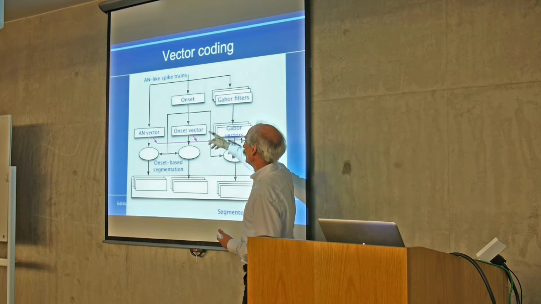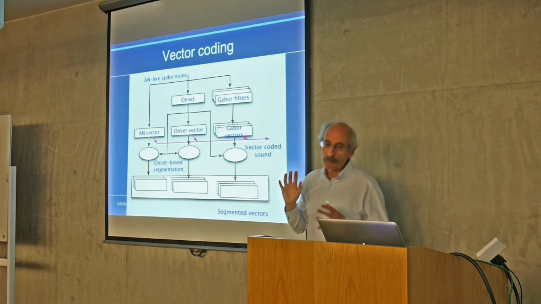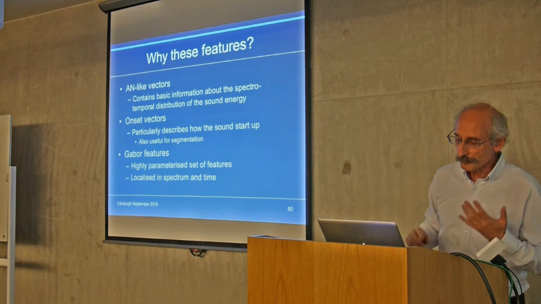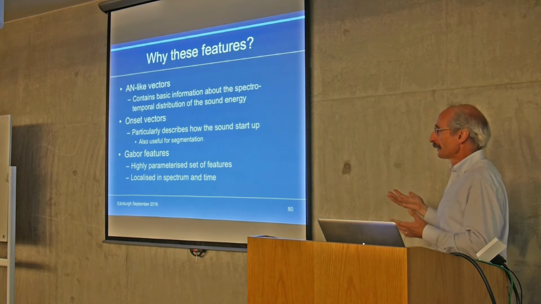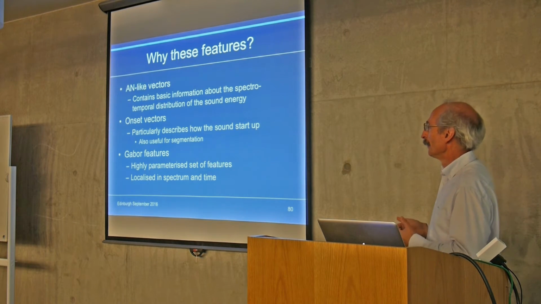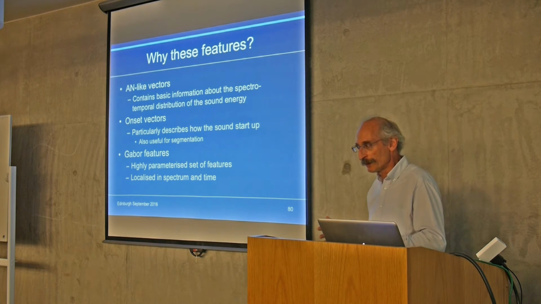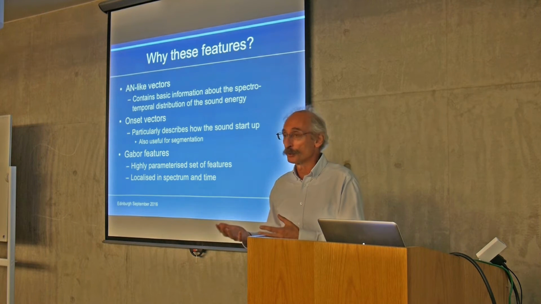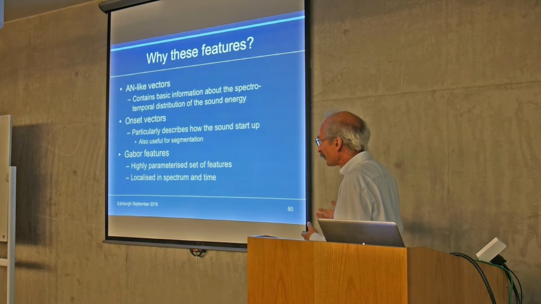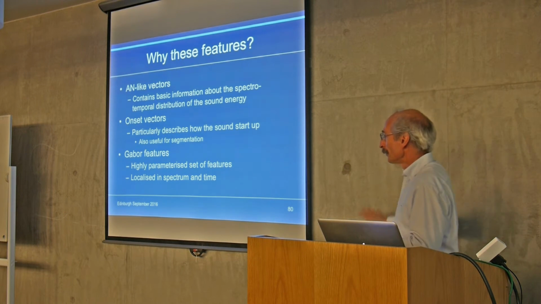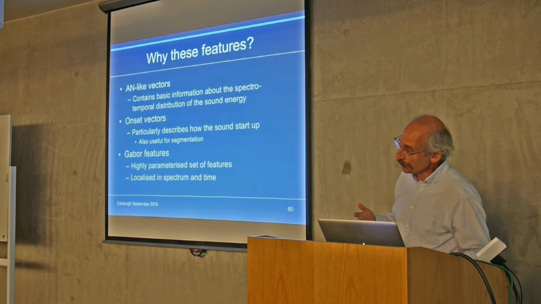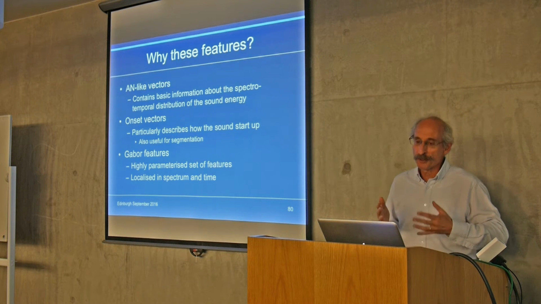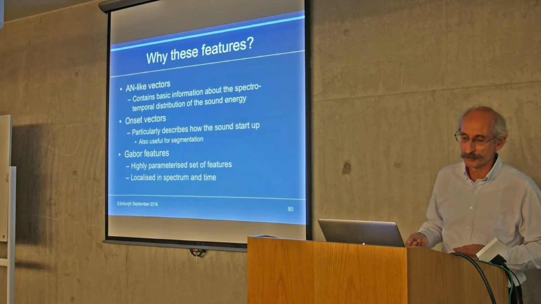The EN vector, the onset vector, and then various spectrotemporal Gabor filters, which I'll come to in a moment. The EN vector contained the basic information of the spectrotemporal distribution of the sound energy, and we saw earlier that they were invertible, so they actually are holding something useful about the signal. The onset vectors are particularly handy for how the sound starts off. It's good for segmentation, it's good for finding the direction of sounds, and it seems to be good for finding out things about different sorts of musical sounds.